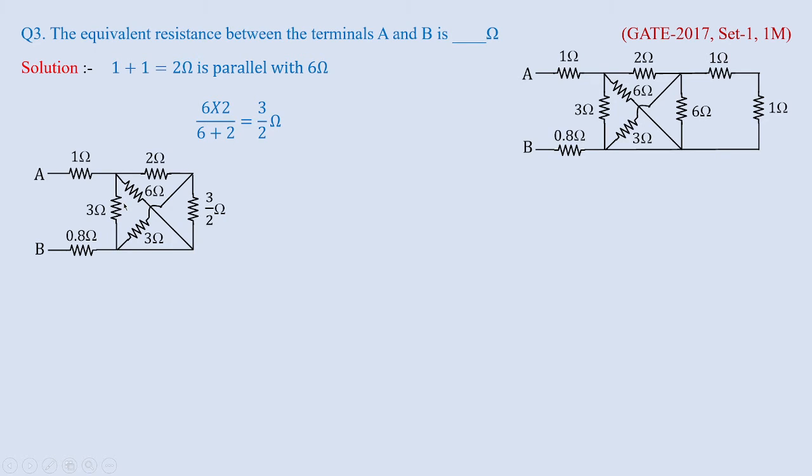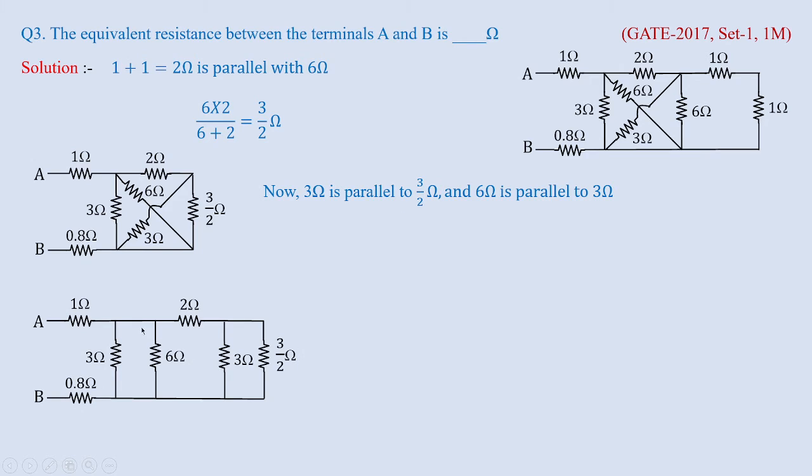So observe the calculations: 3 ohms is parallel to 3 by 2 ohms and 6 ohms is parallel to 3 ohms. If you still have confusion, we'll redraw the circuit. Now you can see 3 and 6 are in parallel, 3 and 3 by 2 are in parallel, and in between these two, 2 ohms is plain. Now I think it is easy for anyone to solve this particular network.